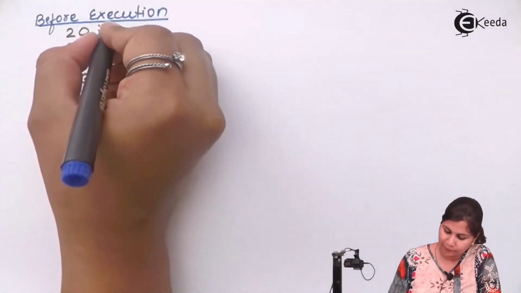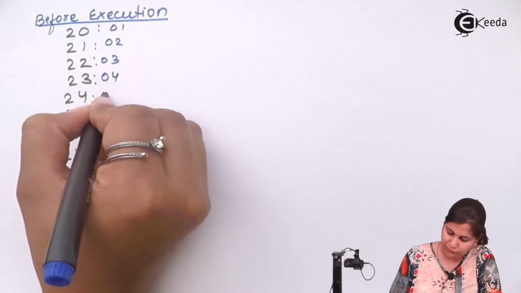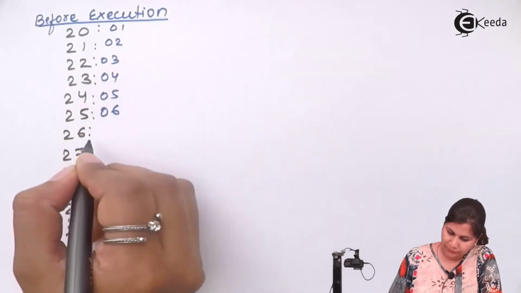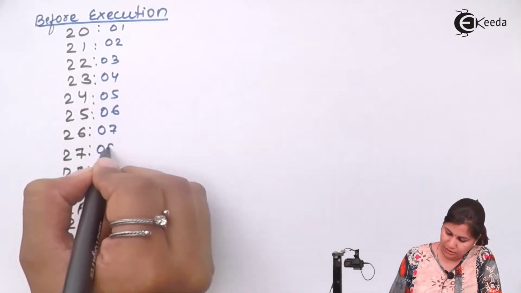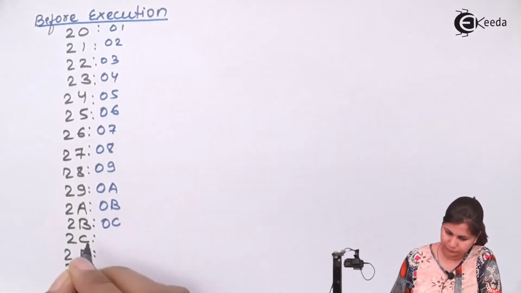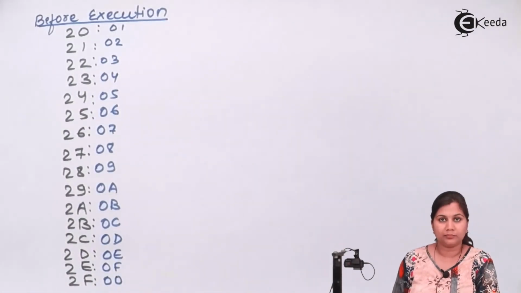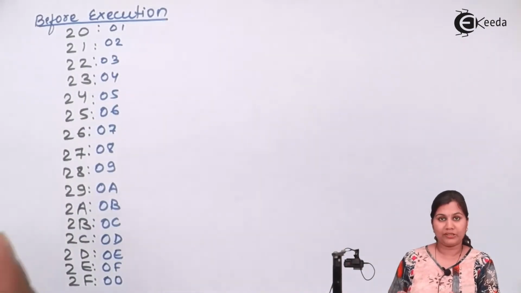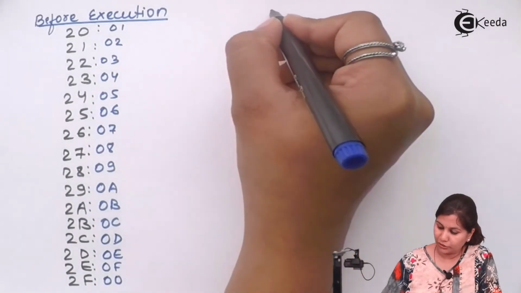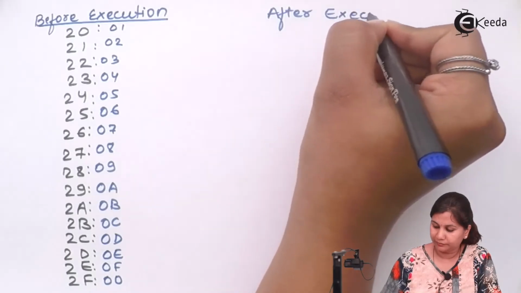What are the numbers? 01, 02, 03, 04, 05, 06, 07, 08, 09, 0A. These are the numbers. Now when the program is executed, what will be the new data after execution?